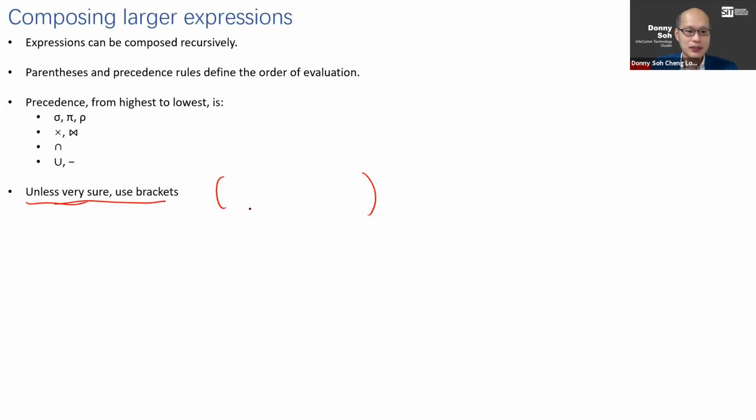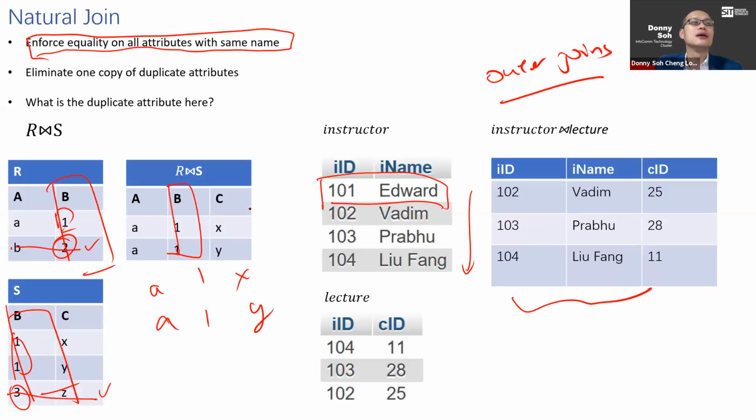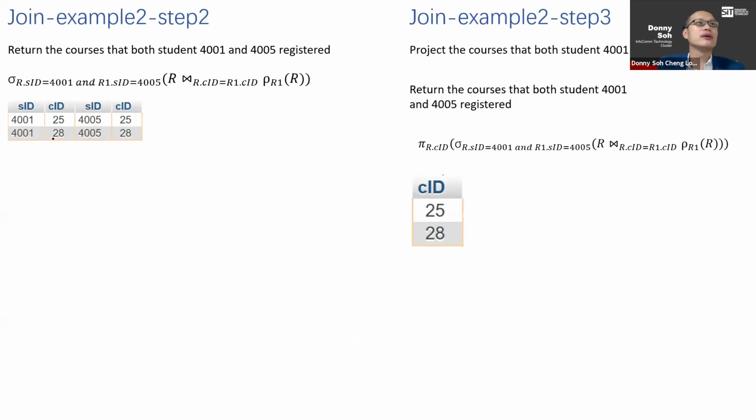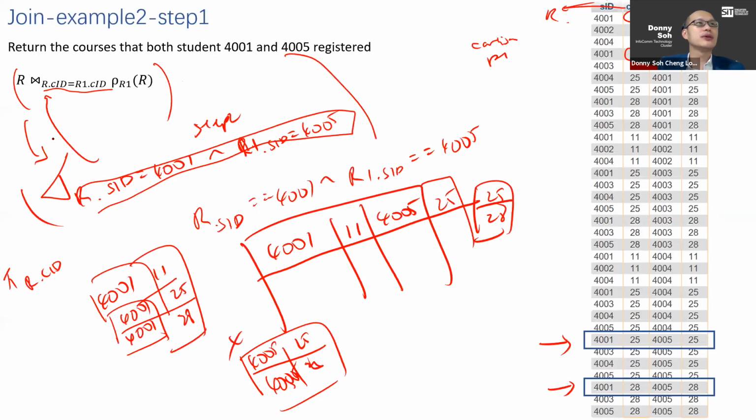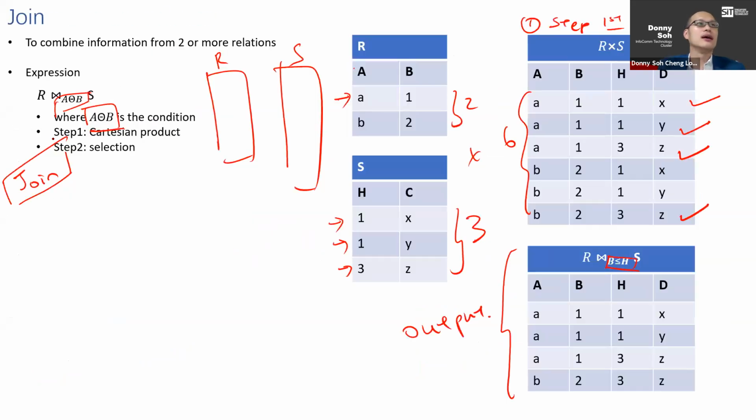Okay, so the natural join looks the same as the Cartesian join. Let me see. Okay, there's the Cartesian product, which is the times. And what we did earlier was the theta join. Did I call it Cartesian join? It should be theta join.